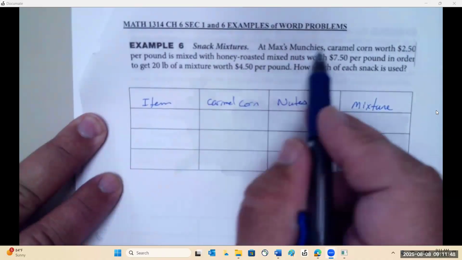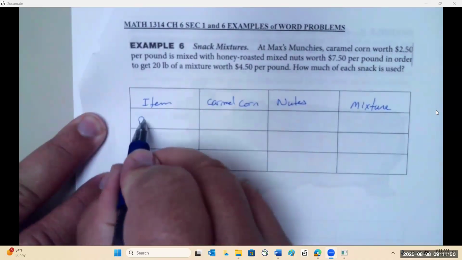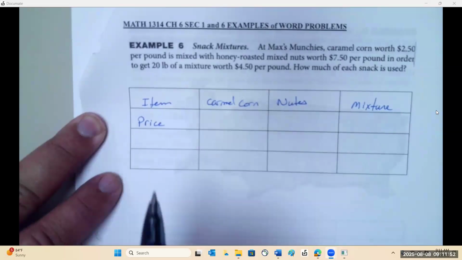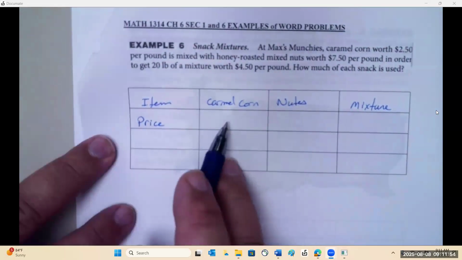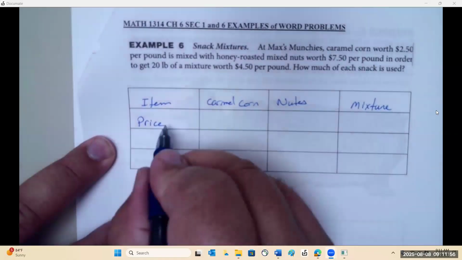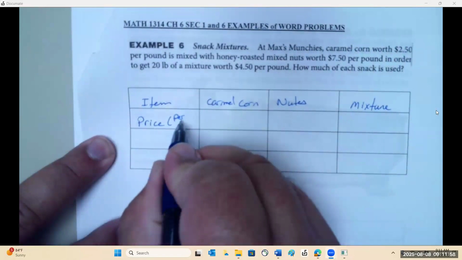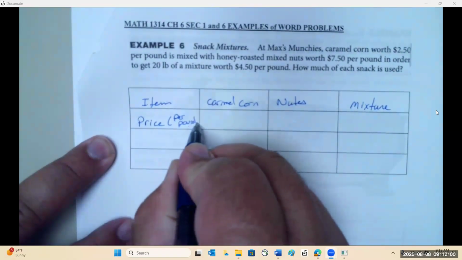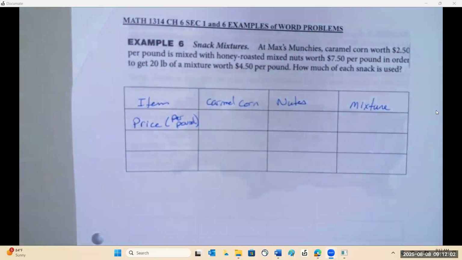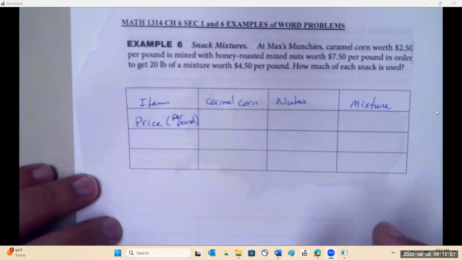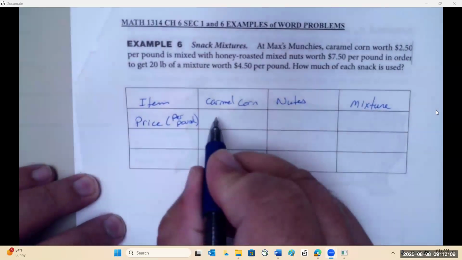So what do we know about each of these? How much do they cost? What's the price per pound of caramel corn? $2.50.